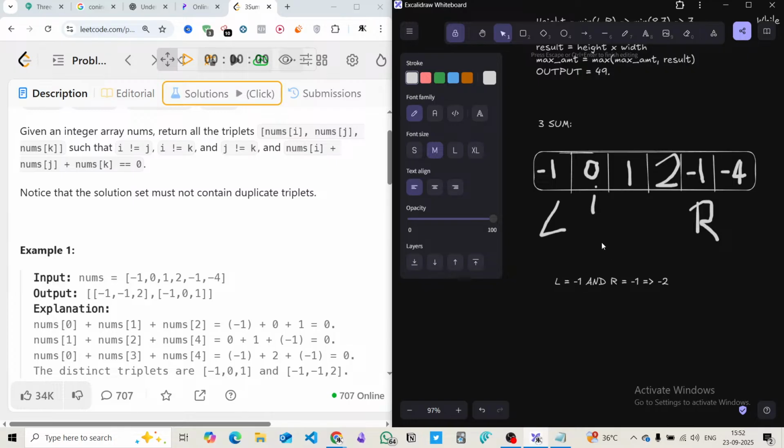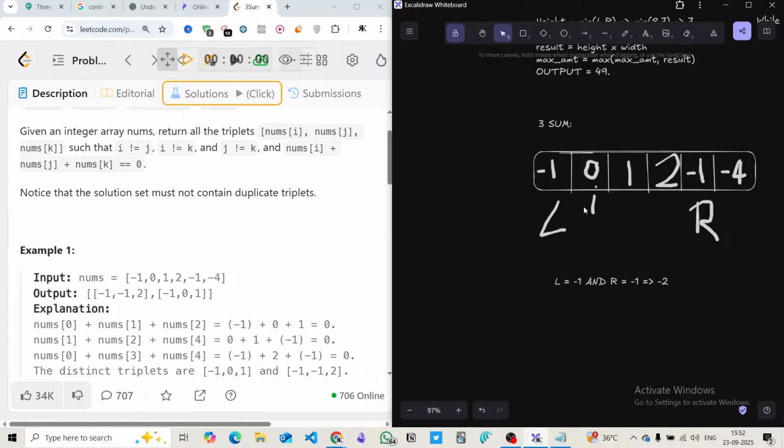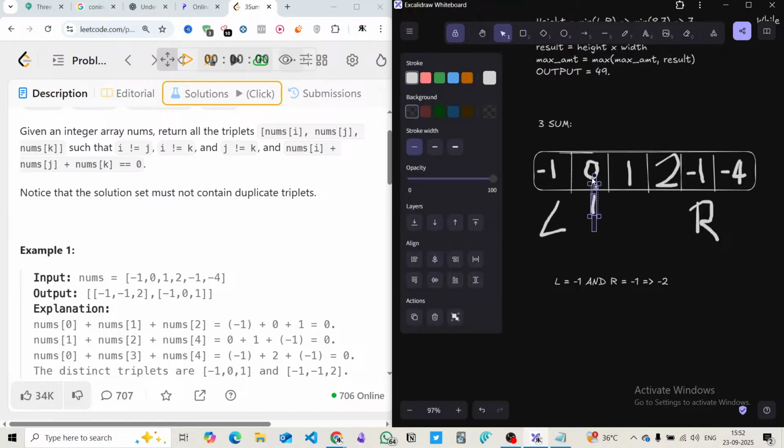Now we need to iterate with the I pointer. This one, -2 plus 0, no. Iterate, -2 plus 1, no, -1, and then this.